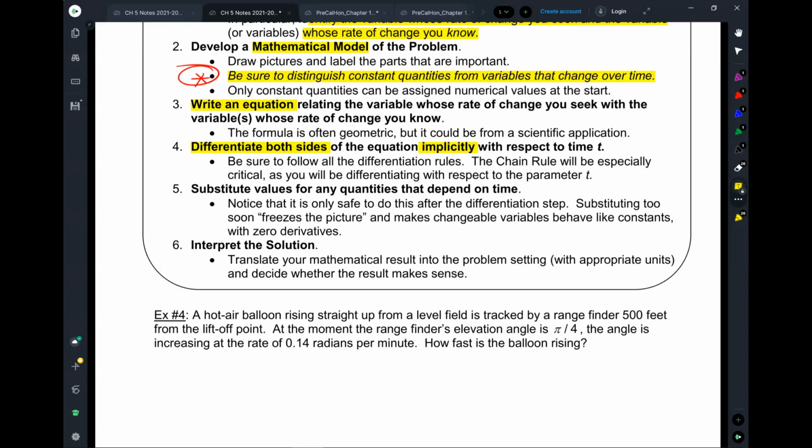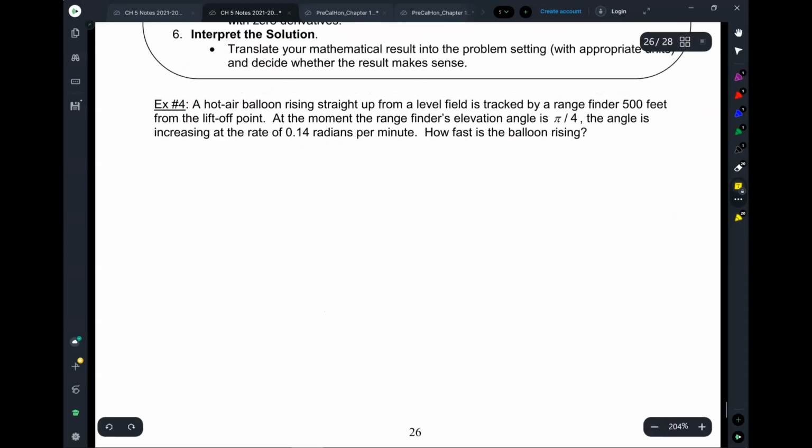Chain rule is important. Okay, then comes substituting values. This is important. Students often rush to substitute their values. If a quantity is not constant, you cannot put in the number from before because the derivatives will be 0. Okay, then we interpret our solution.